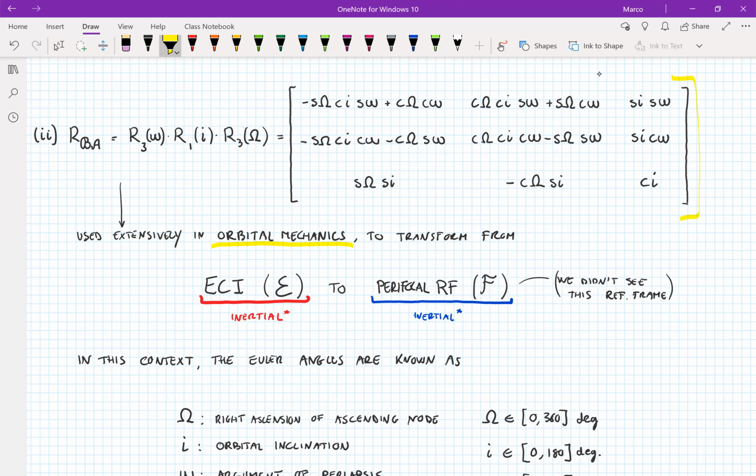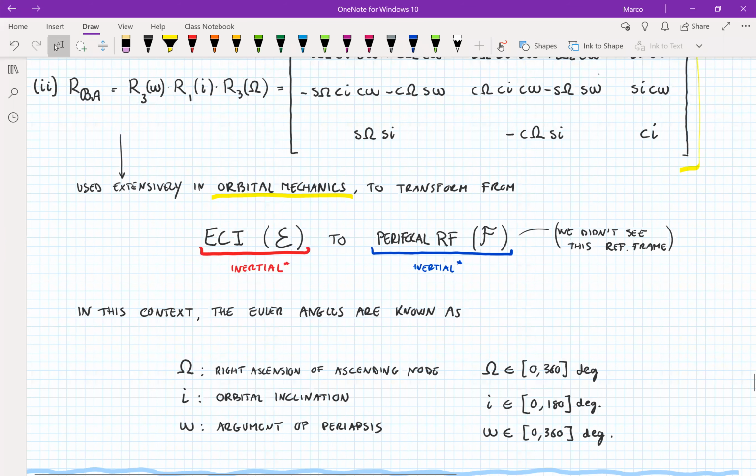Also here, I'm using different variable names. In fact, in orbital mechanics, the three Euler angles are known as, capital omega, the right ascension of the ascending node, or sometimes called the longitude of the ascending node.